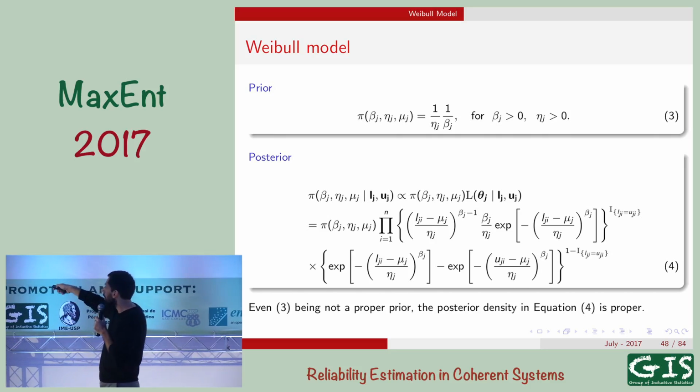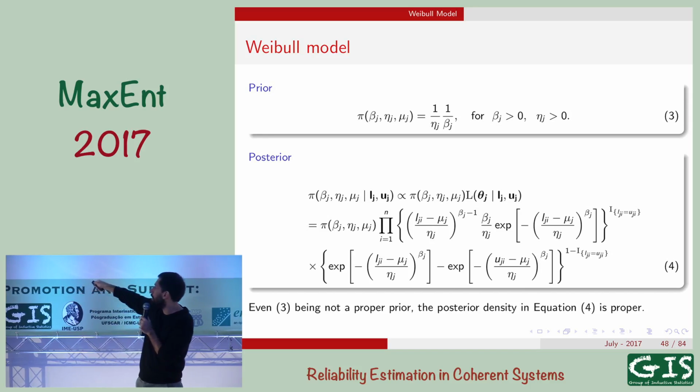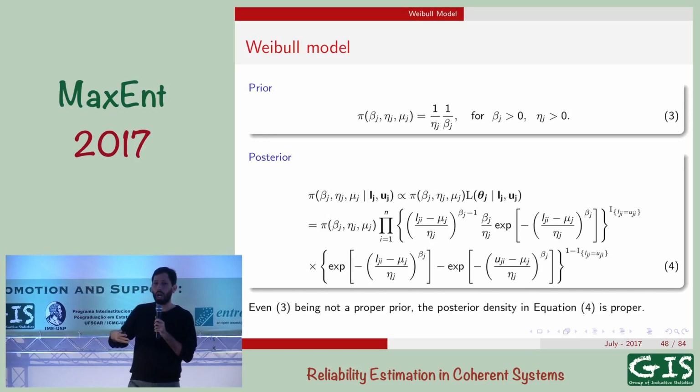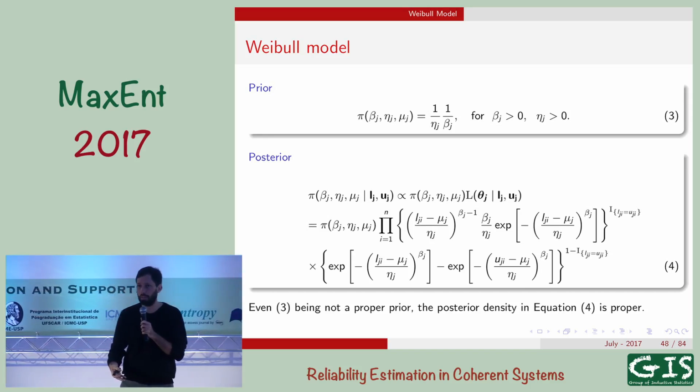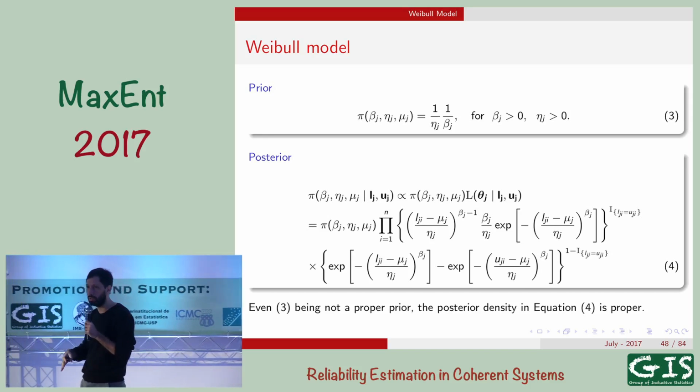So using a non-informative prior, which for me here is just a constant, we are able to produce inference, and the posterior is a posterior distribution.